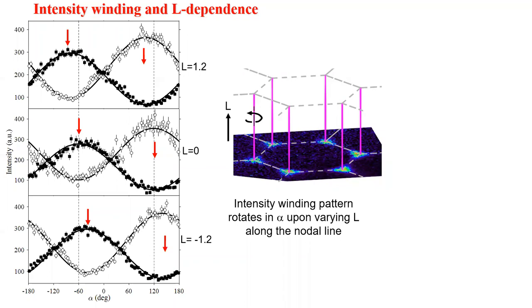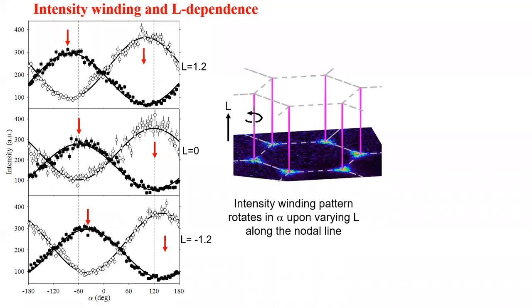Here is minus 60, 120, exactly as expected for a single honeycomb layer. However, for positive L now, there's a net shift to one side. For negative L, there's a net shift to the other side.